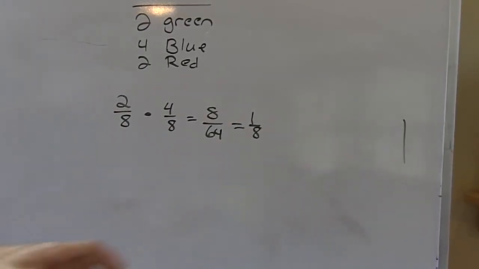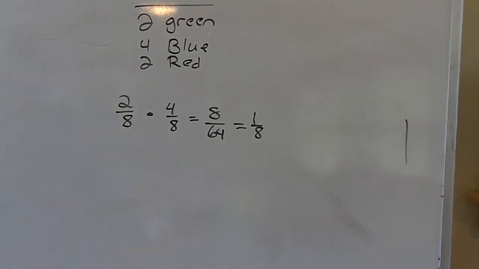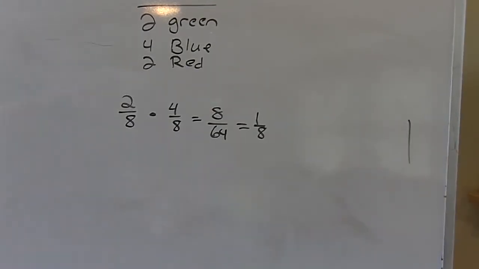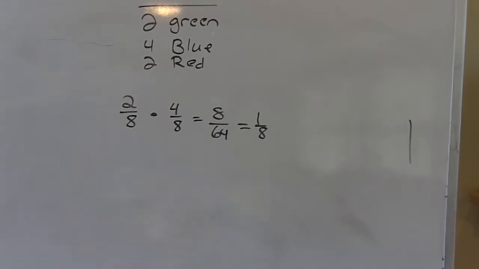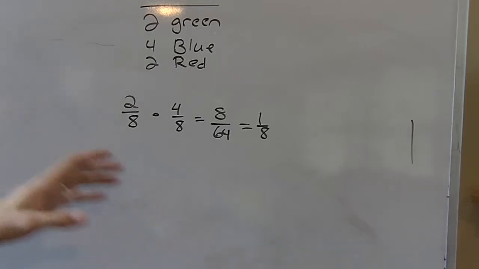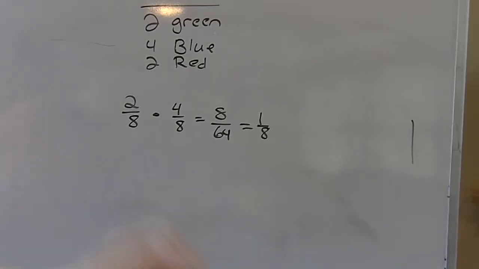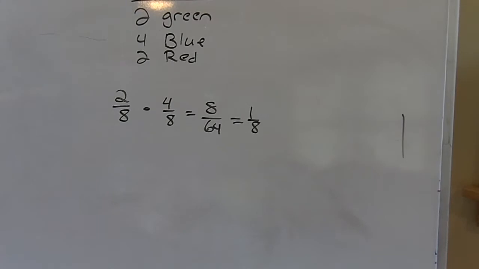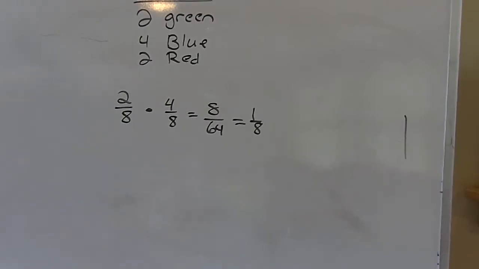So for example, when I pull a marble out on my first pull, before I do my second pull, I'm putting the marble back in. That's an independent event. In a dependent event, it changes. In a dependent event, if I do my first pull, I don't put the marble back in, so it affects the probability of the second pull. And so that's really the only difference here.